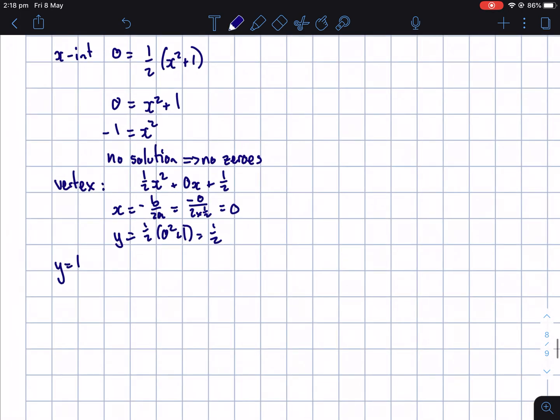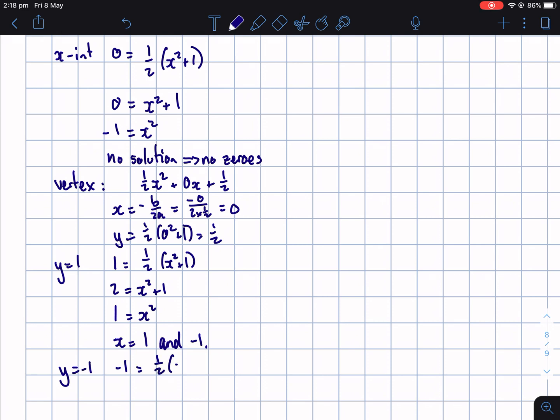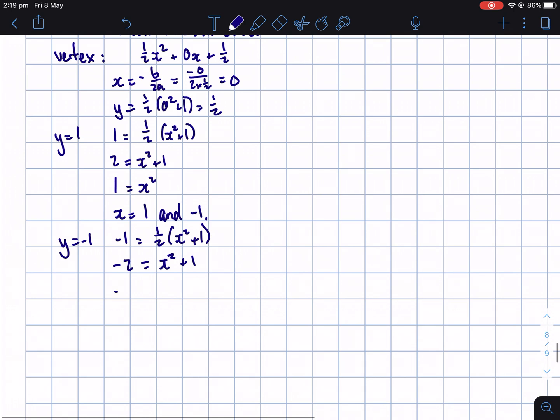So y equals 1: we've got 1 equals a half x squared plus 1, times both sides by 2, we've got 2 equals x squared plus 1, subtract 1, 1 equals x squared, so x equals 1 and minus 1. Let's try minus 1. We've got minus 1 equals a half x squared plus 1, so minus 2 equals x squared plus 1, so minus 3 equals x squared, which doesn't exist.